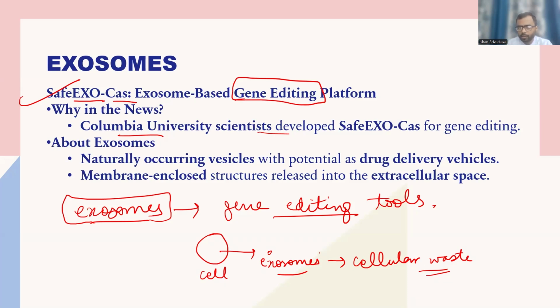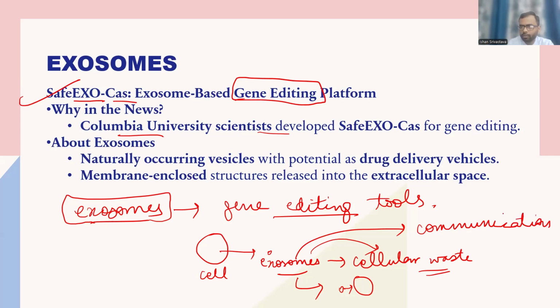Their cell wall is so thin they can easily pass through cells, right? If this is an exosome, it can easily enter the cell. That is the understanding. But slowly it was realized that these exosomes have a larger function also. They are also used for intercellular communication, right?